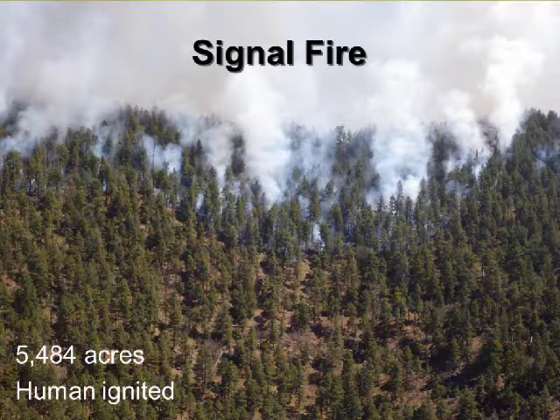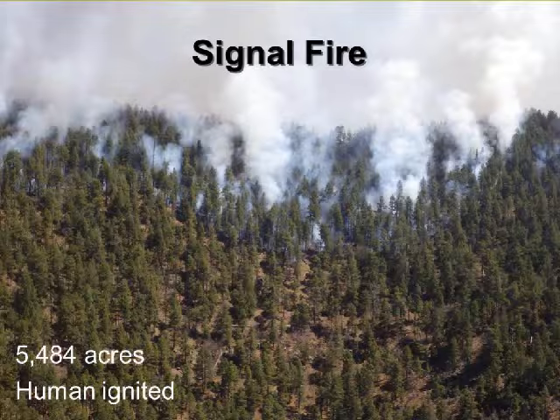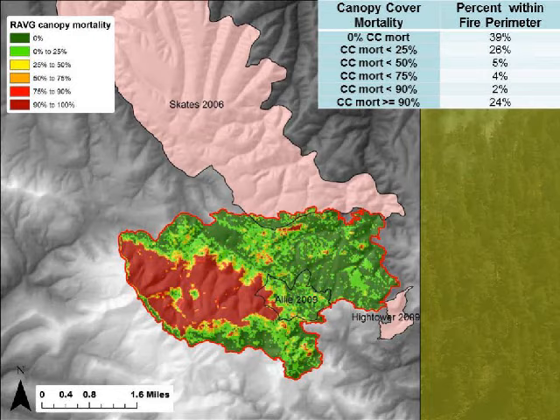The Signal Fire burned about 5,500 acres and was human ignited. It, like some previous fires we've looked at, had a large area of high severity, almost essentially complete canopy mortality. They covered approximately a quarter of the fire, and I believe that all happened during the first operational period of the fire.